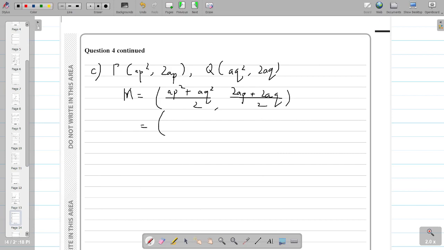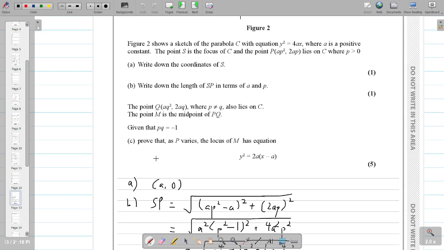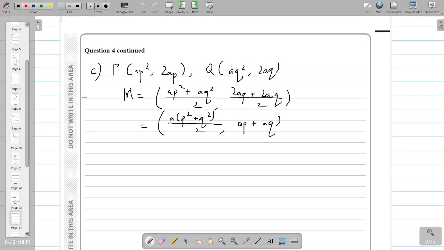So the summary is equal to A P squared plus Q squared all over 2, comma, AP plus AQ. All right, so we want to find the locus of M, how M changes with P and Q, has this particular equation. So let's see. So X in this case is equal to this, and Y is equal to this, A bracket P plus Q.